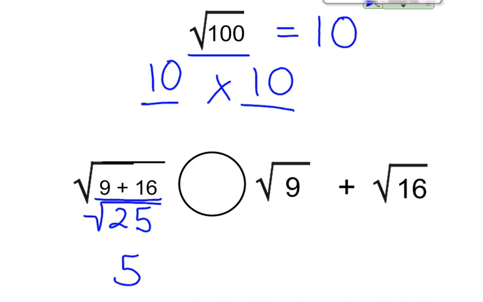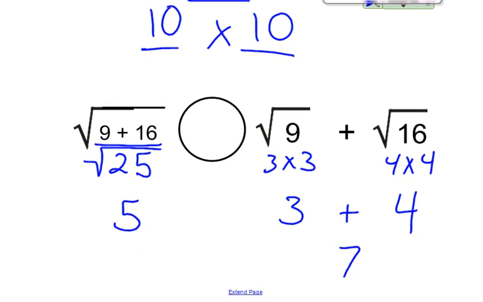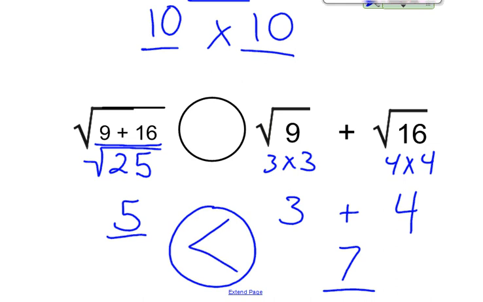Over here it says first find the square root of 9, which would be 3 times 3, so the square root would be 3, plus the square root of 16, which is 4 times 4, so the square root would be 4. And 3 plus 4 gives us an answer of 7. And so in the end, the big question is, is 5 greater than 7? And of course, the answer would be no, 7 is greater. And so we have that idea.